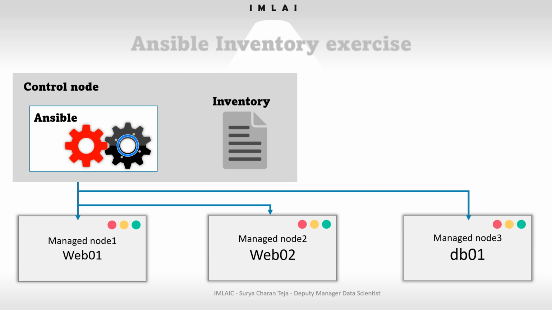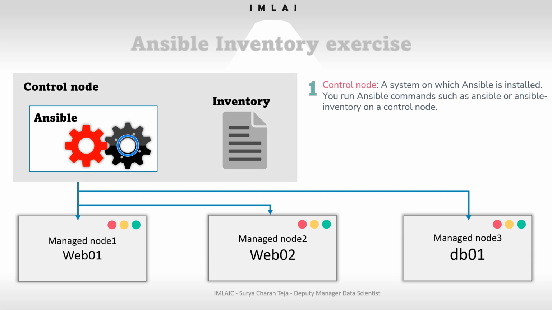What are those? The first component is the control node that you see on the screen on the left side. A control node is a system on which Ansible is installed. You run Ansible commands such as ansible or ansible-inventory on a control node.